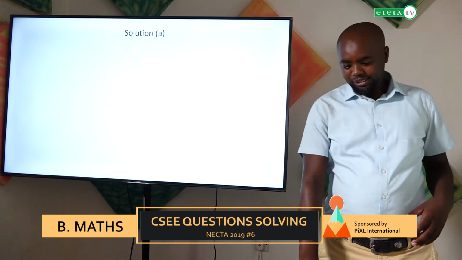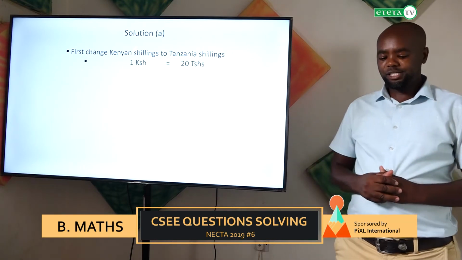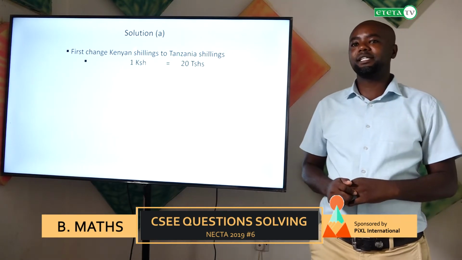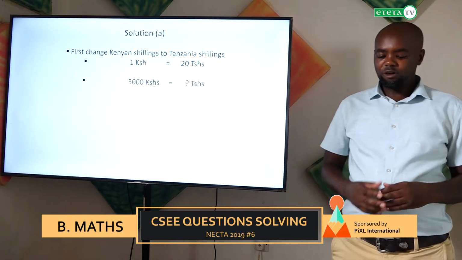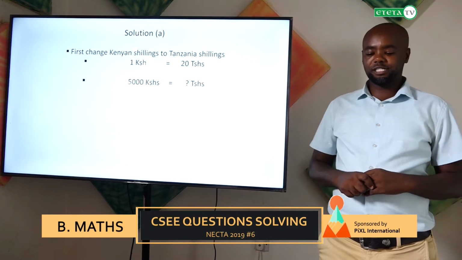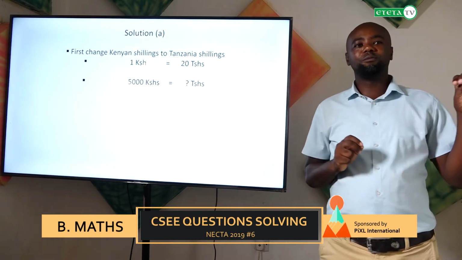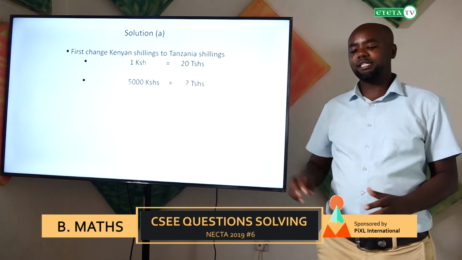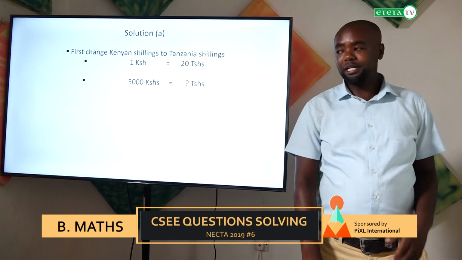The first step: you are given that 1 Kenya shilling is equivalent to 20 Tanzania shillings. And then you have 5,000 Kenya shillings. So you don't have the rate for changing 5,000 Kenya shillings to Tanzania shillings. From there you can use cross multiplication.